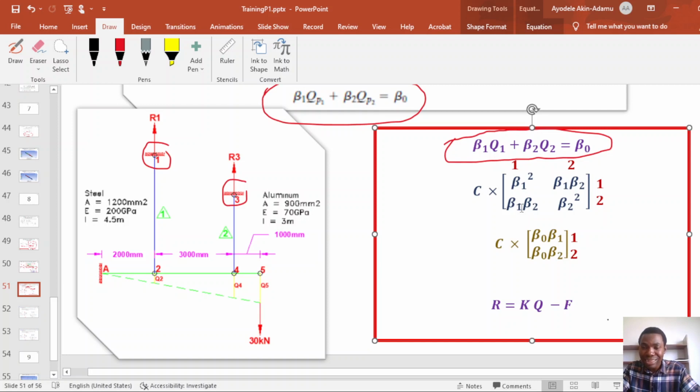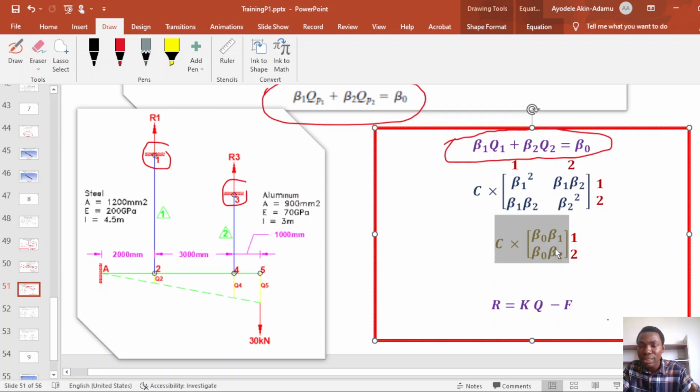We also need to add this matrix to the global stiffness matrix at node 1 and node 2, along the row and along the column. So that means we also need to modify the global stiffness matrix with this matrix. For the force vector, we need to add this to the force vector too.